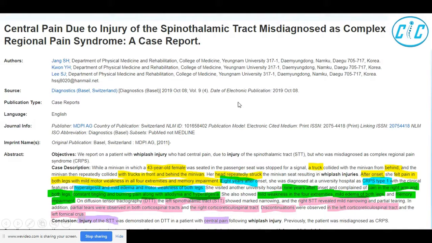We're going back to the paper that we are referring to as the reference, on how whiplash can affect someone's life, and how clinicians should be more careful in doing their part to diagnose the patient correctly.